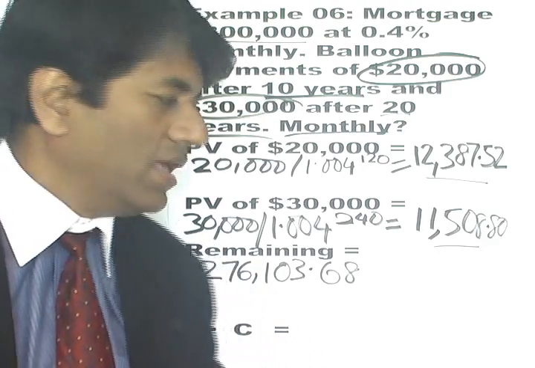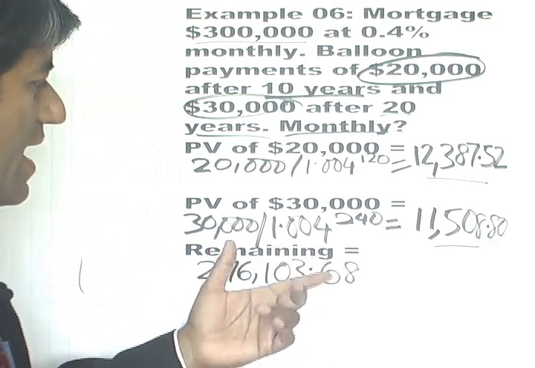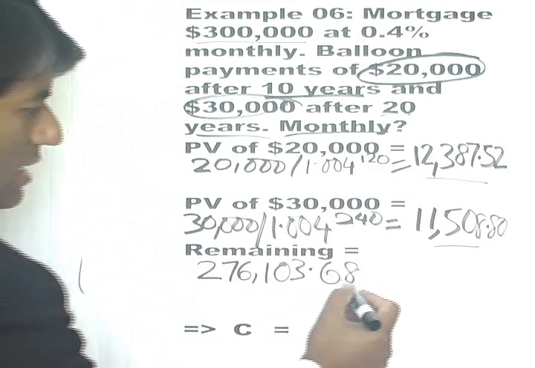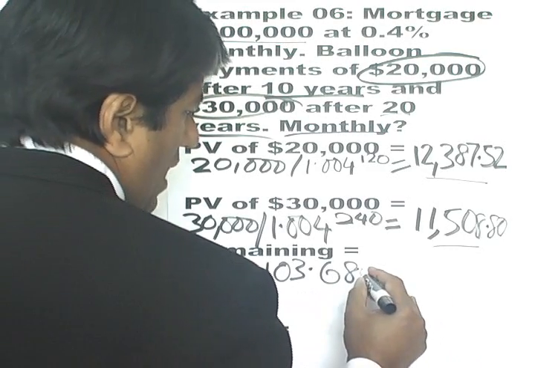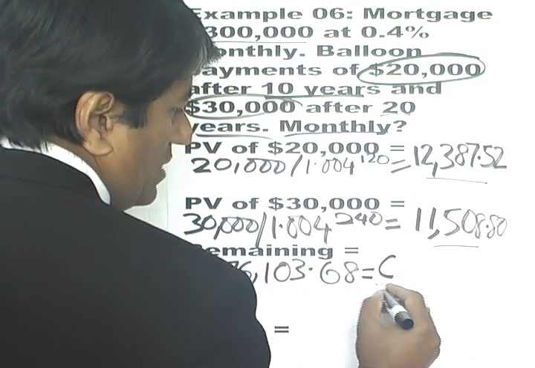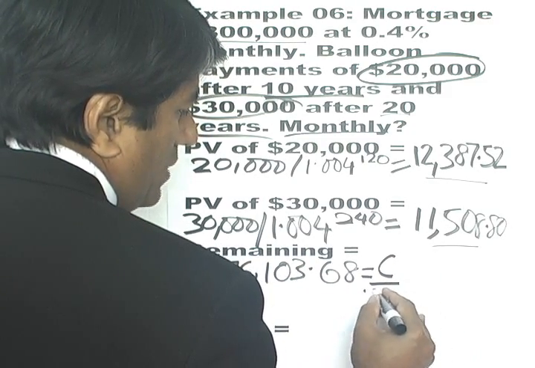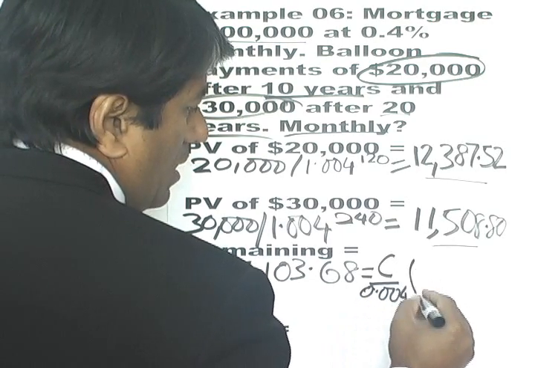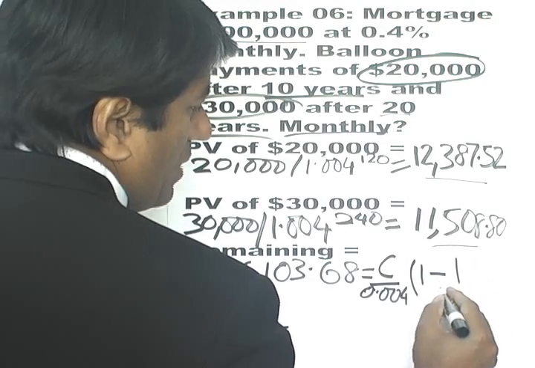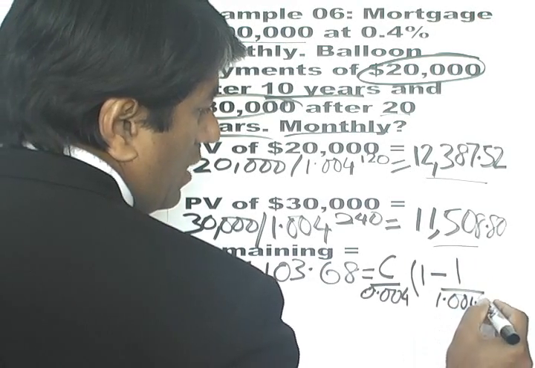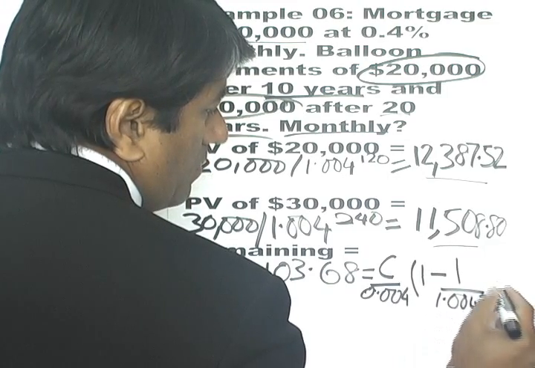And then to find what the monthly repayment is going to be, we stick in the annuity formula. So we say this will equal, if the monthly repayment is C, C divided by 0.004 into 1 minus 1 divided by 1.004 to the power 360.